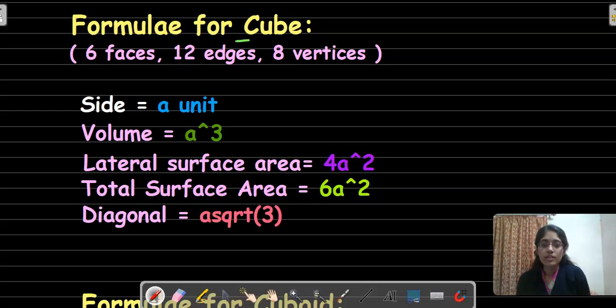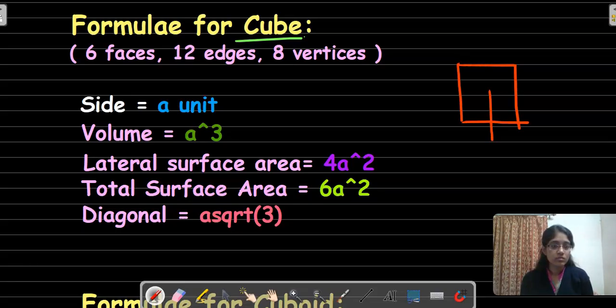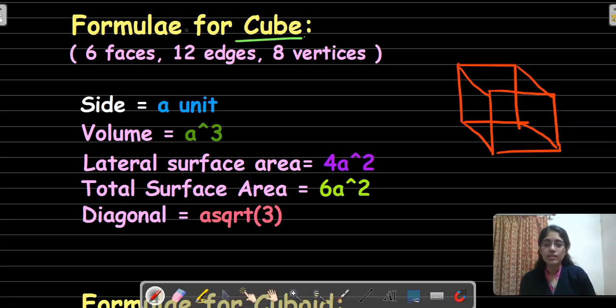So formula for the cube. First let me draw a cube. So in this cube, how many faces are there? You see there are 6 faces.